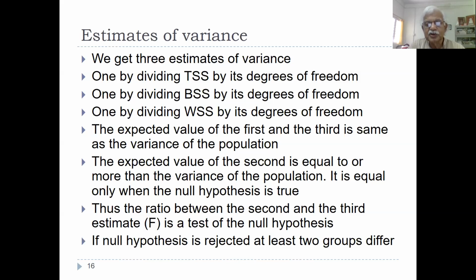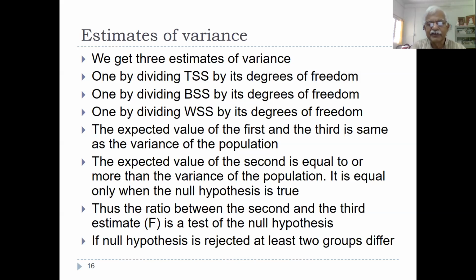Now, the F ratio follows the F distribution. F is defined as the ratio of the estimate of variance based on the between sum of squares to the estimate of variance based on the within sum of squares.